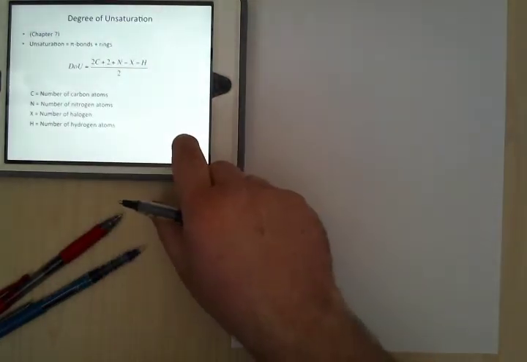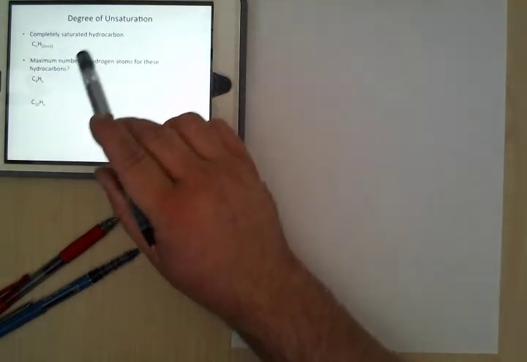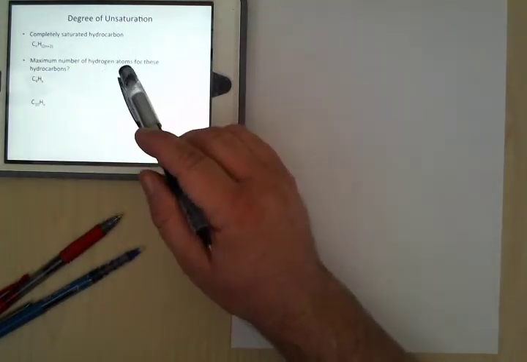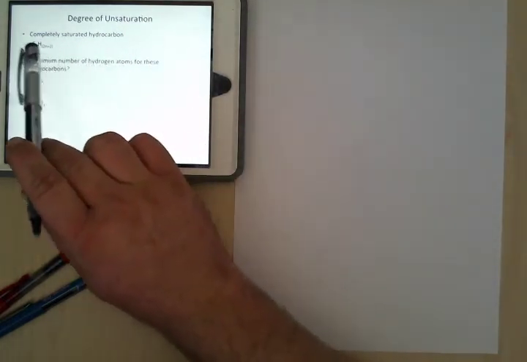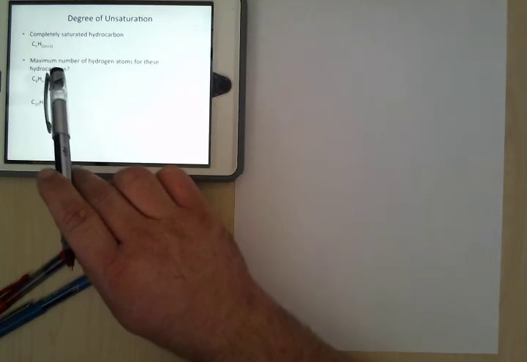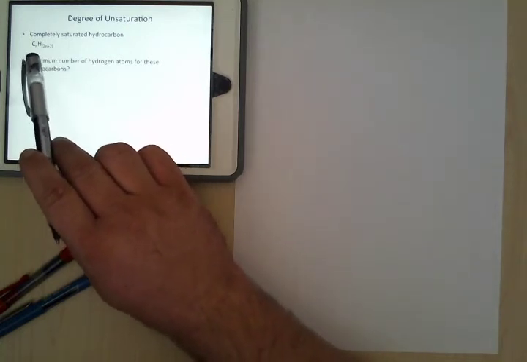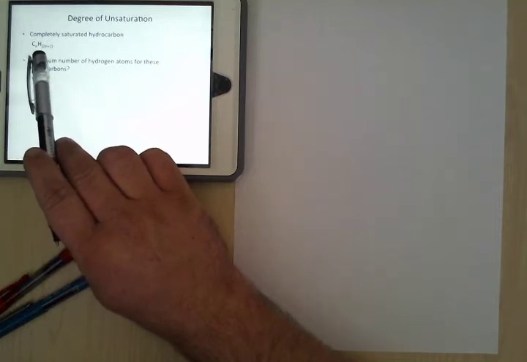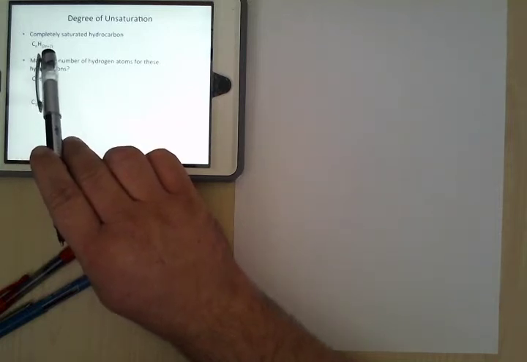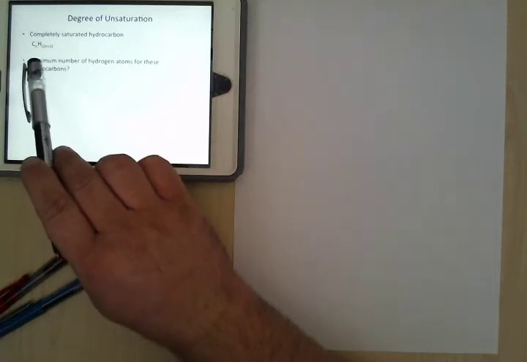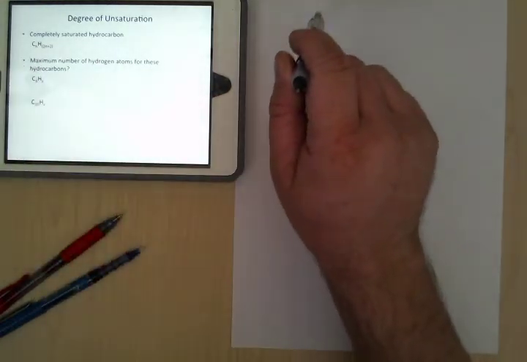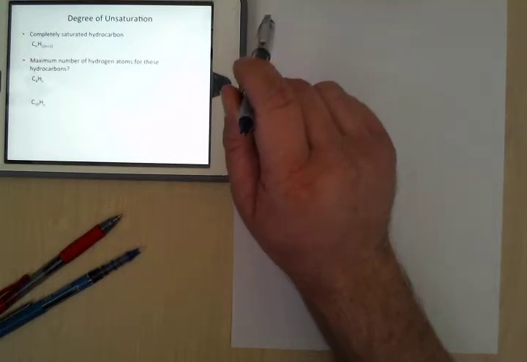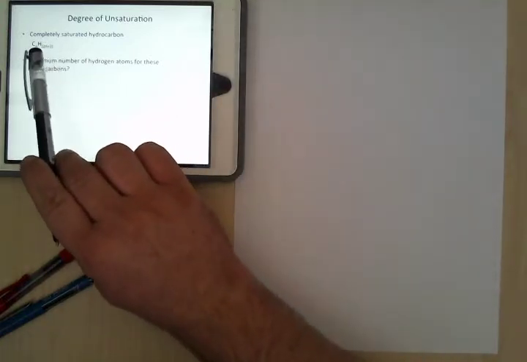Don't forget about that. The other thing that you're going to want to think about, and this is how I solve these problems, is what a completely saturated hydrocarbon is supposed to look like. If you count this out, for every n carbons, there's 2n plus 2 hydrogens that could be attached. So a fully saturated carbon, what's the maximum number of hydrogens you can have attached?